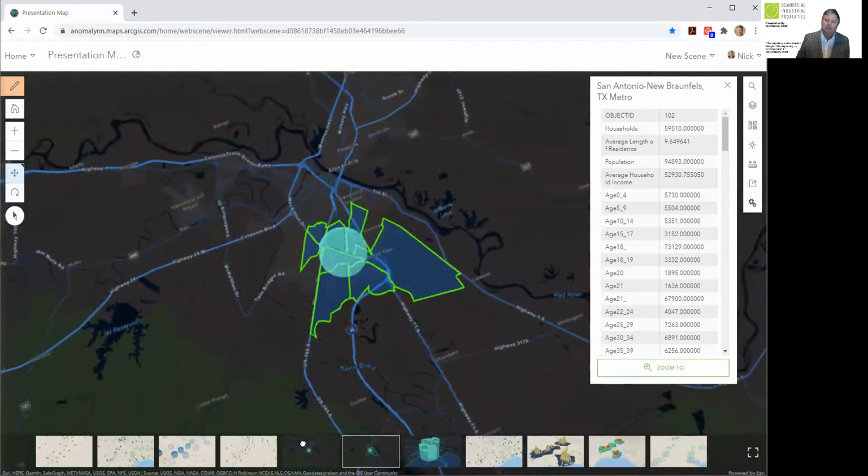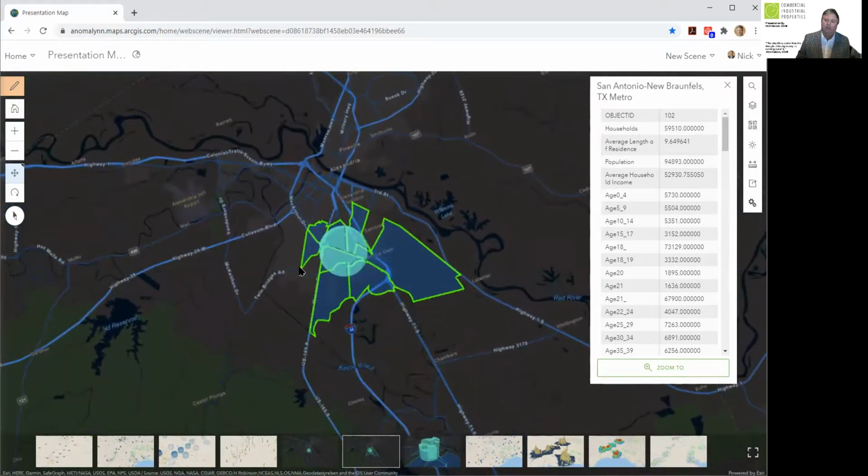The smallest aggregate level of data that you can get is usually coming on a census block group level. And so you can see these jagged edges here. These are the census block groups. This is your trade area. When I said sometimes you're not getting what you're seeing, this is the case in this example.